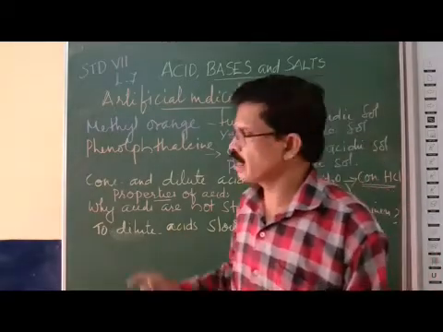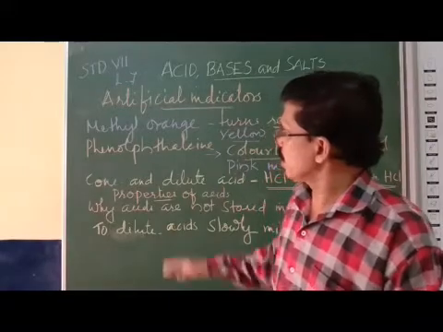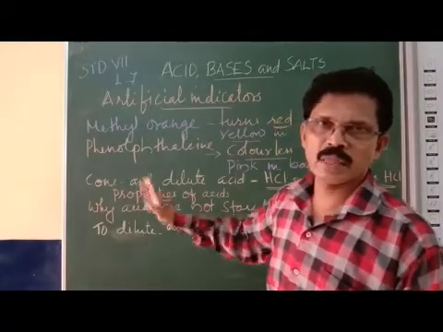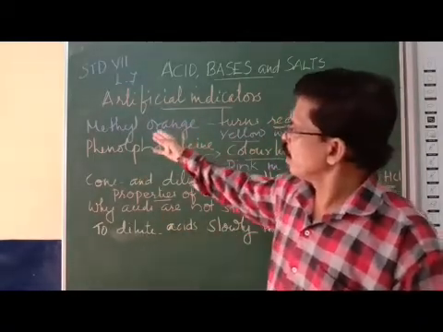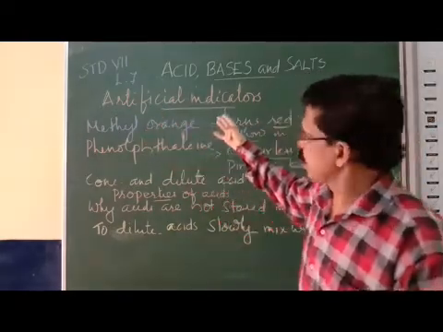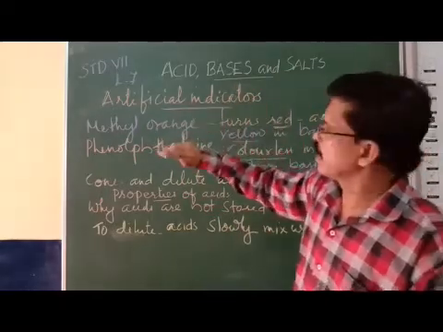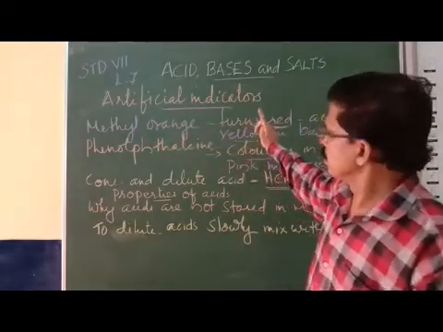Today in this part we have studied four concepts. What are artificial indicators? Give examples. Methyl orange and phenolphthalein are the artificial indicators. Methyl orange turns red in acidic solution and yellow in basic solution.